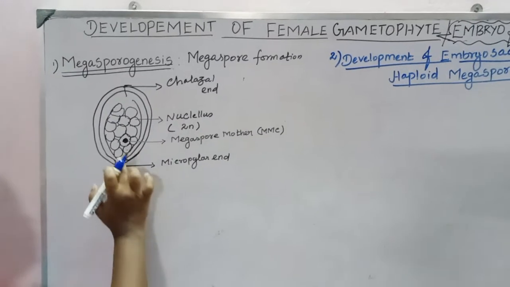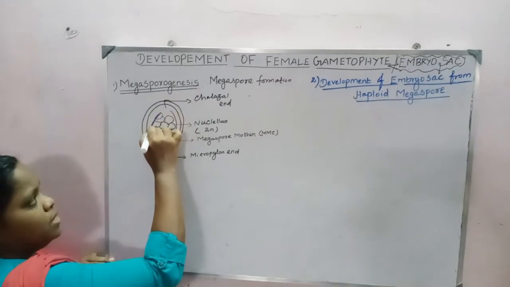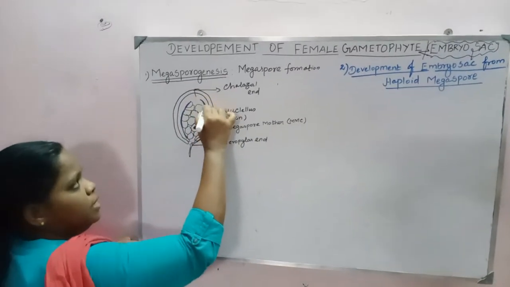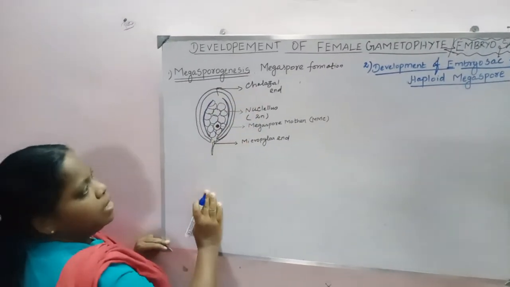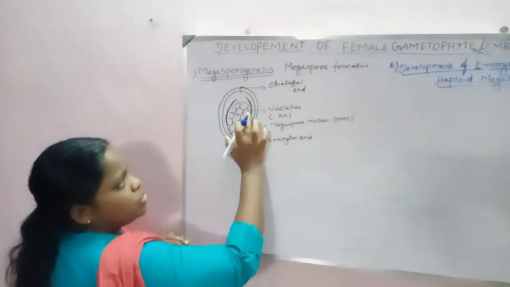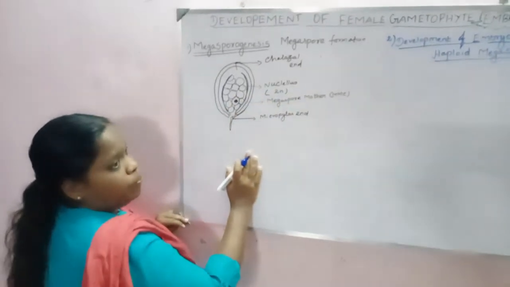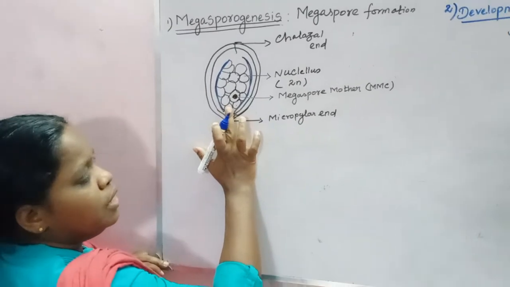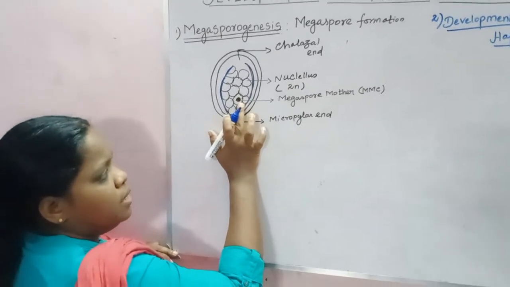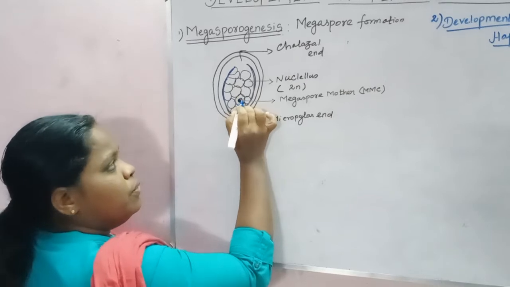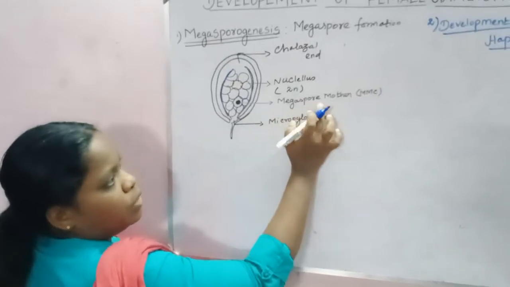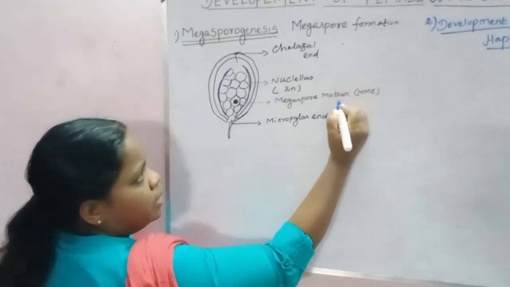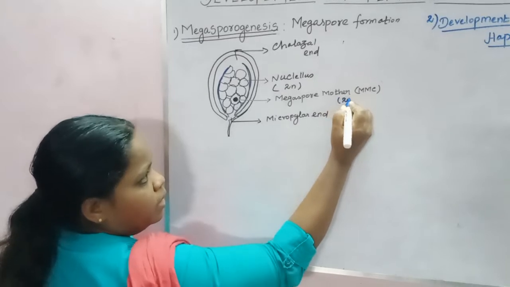Now, in this anatropous ovule, in the central region, there is a mass of diploid cells. That region is called the nucellus tissue. In this nucellus tissue, near the micropylar end, there is a special cell called the megaspore mother cell, which is diploid in number.